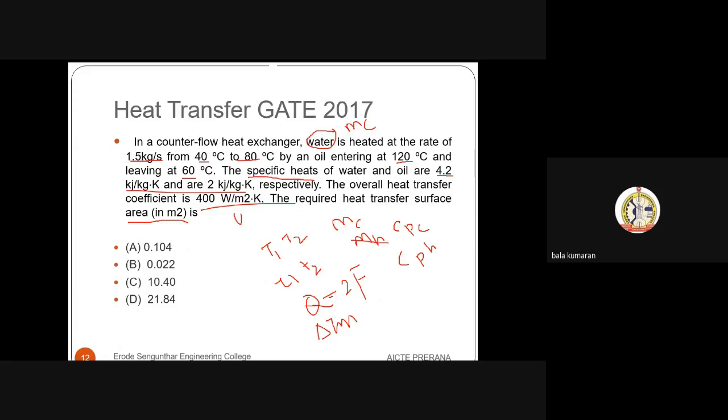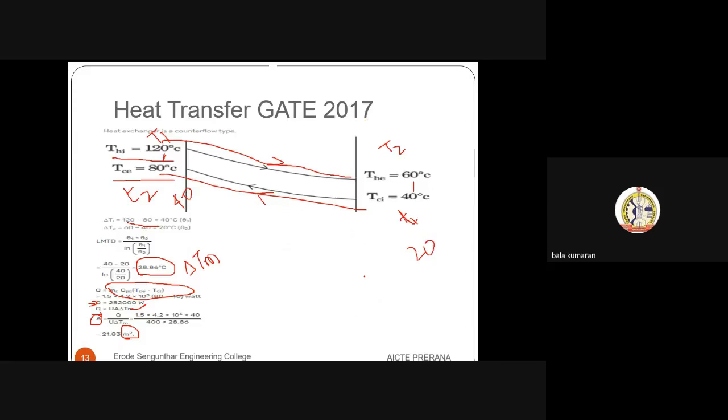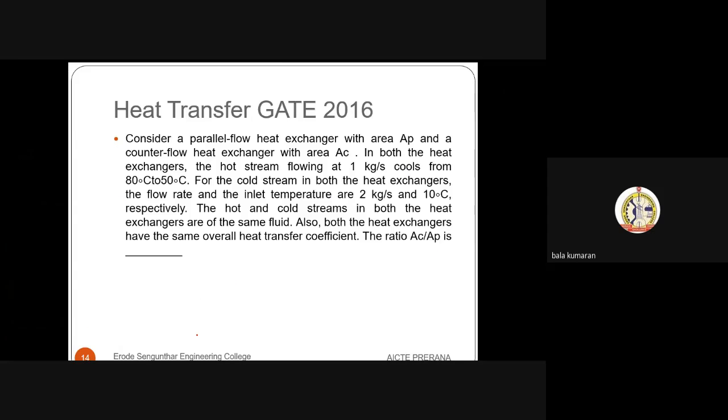The first is U A del Tm, and the other is MC CPC (T2 minus T1). If we apply that, we get Q, and after applying del Tm, we get the A value, which is 21.83 square meters. Okay, note down this question.